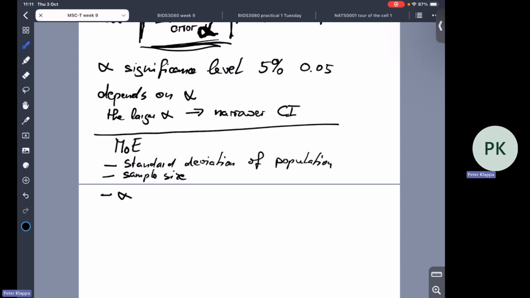And in fact, we can, because the margin of error equals S, that is our standard deviation that we estimate, divided by the square root of n, the square root of the sample size, multiplied by a factor, let's call it T crit.